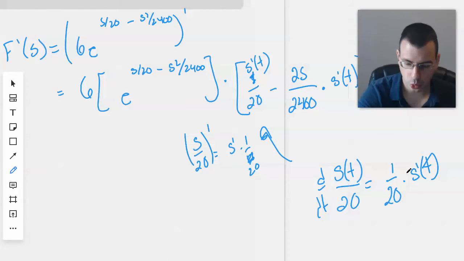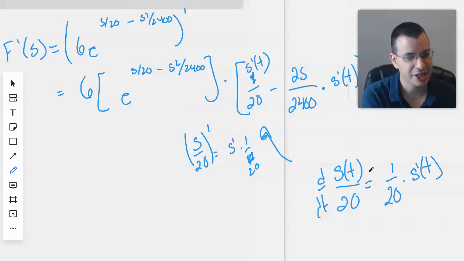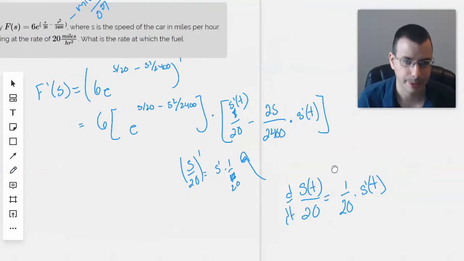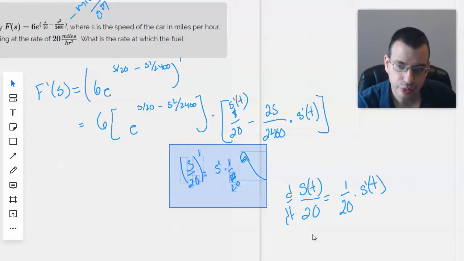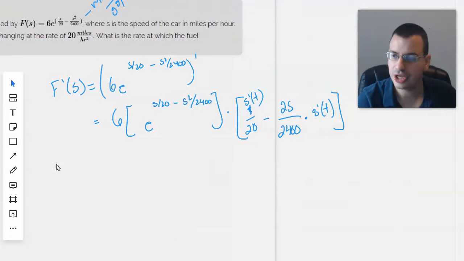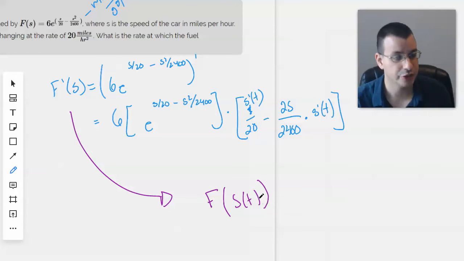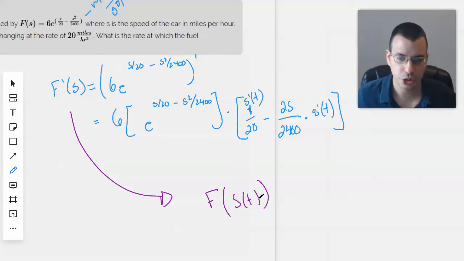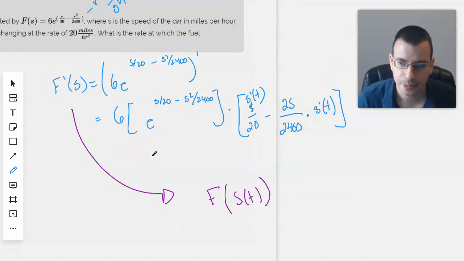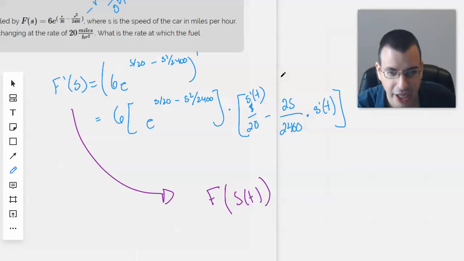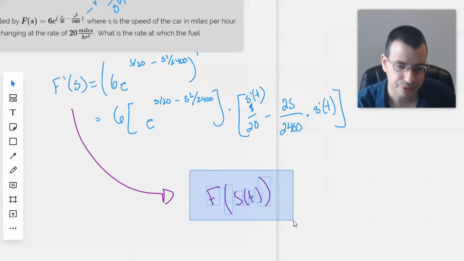We're not taking the derivative with respect to x, we're taking it with respect to t, so we're kind of doing a double chain rule here. You can think of this as f of s of t, so we have two nested functions as opposed to one. We just did the chain rule twice, and that's how we have the s prime of t.